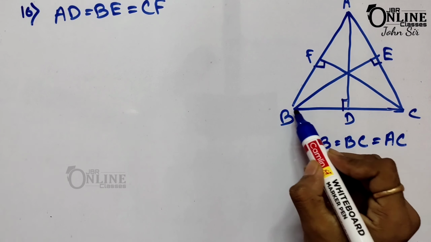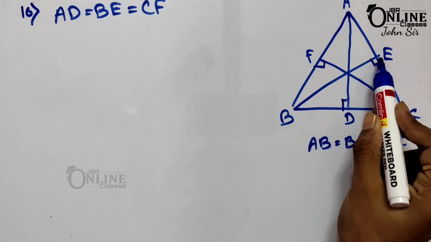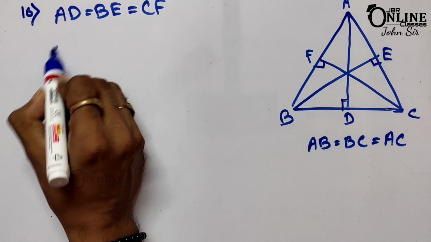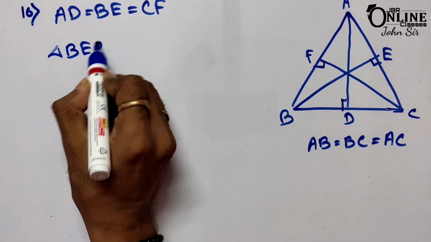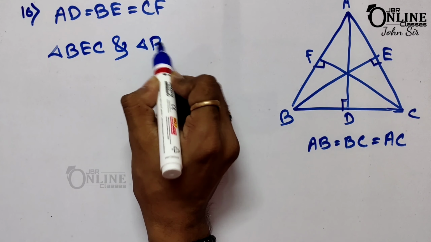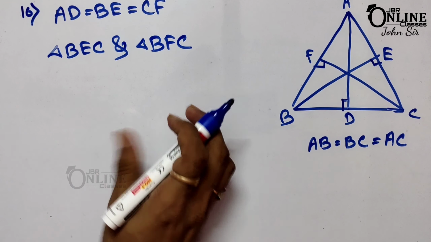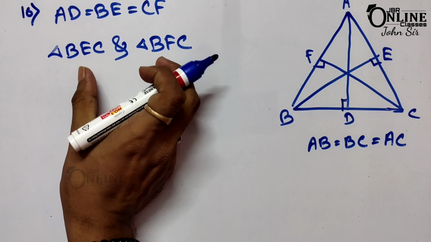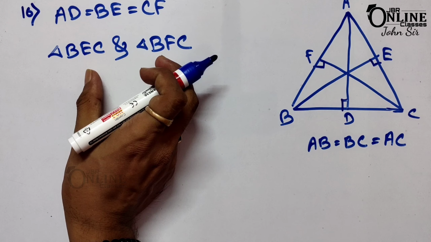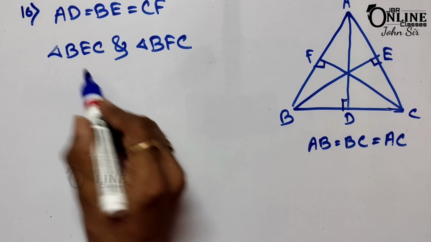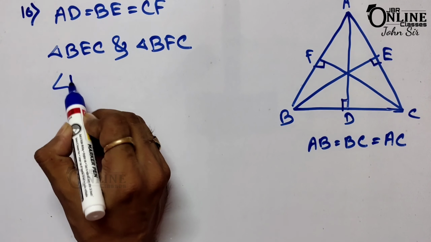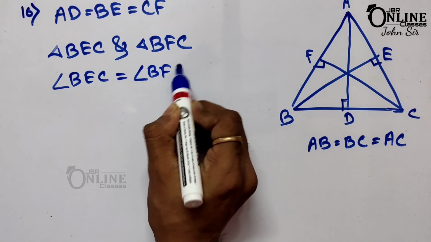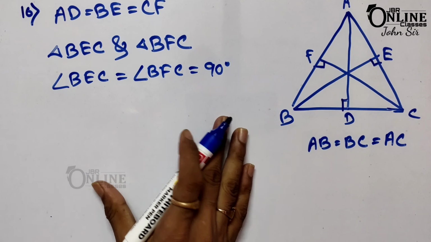Now first here BEC is a triangle and second one BFC is a triangle. So triangle BEC and triangle BFC. From these two triangles, if you prove that these two triangles are congruent, then first write down angle BEC equals angle BFC, which equals 90 degrees.